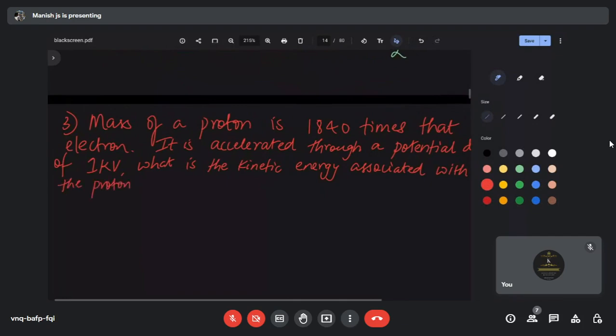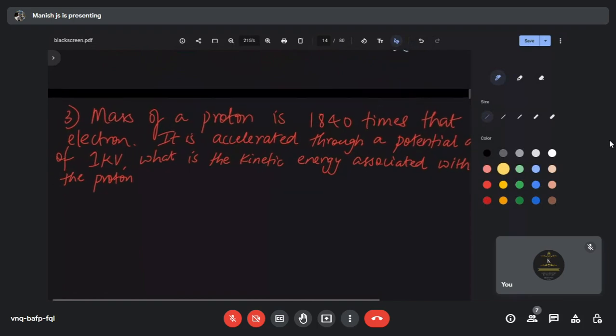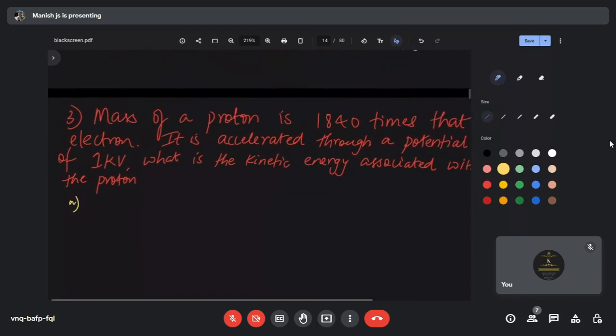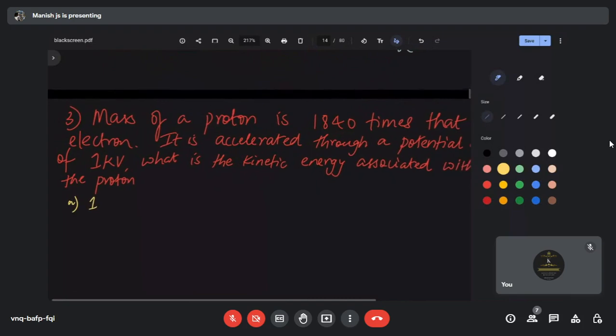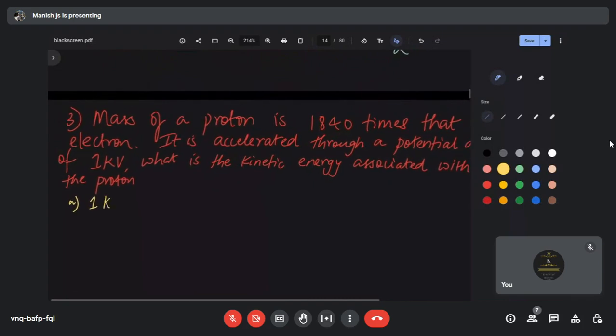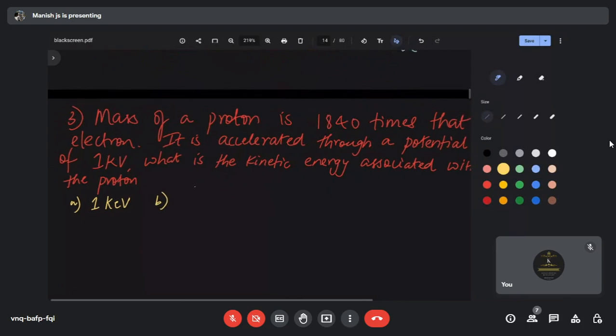So your options are, option A, 1 kilo electron volt. Option B, 1 upon 1840 kilo electron volt. Option C, 1840 kilo electron volt.